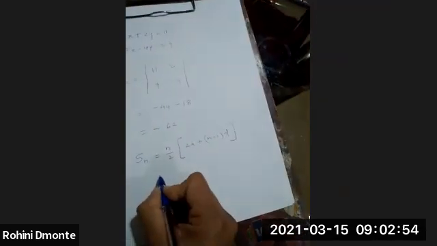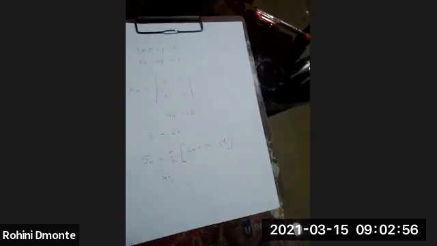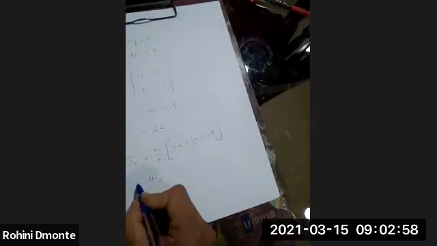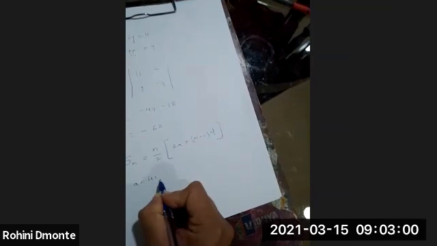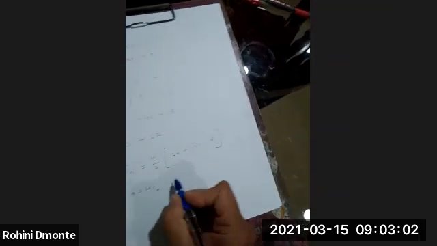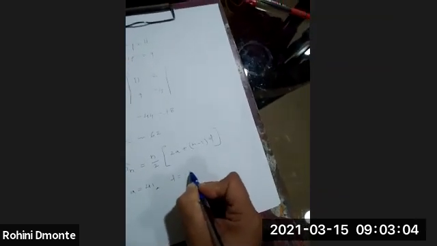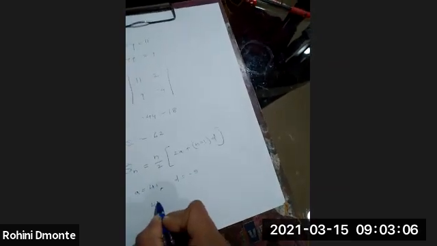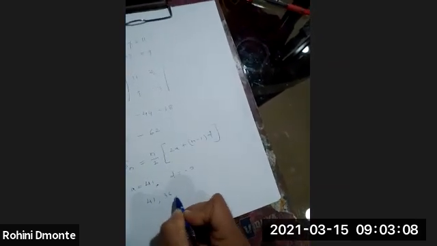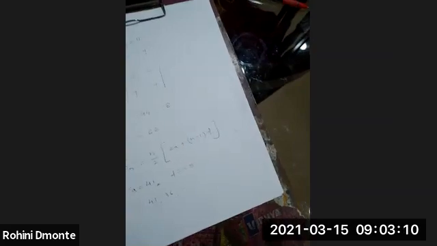Okay, now which is this series? 41. Here a is given as 41, right? What is d? d is minus 5. Why? Because the series is given as 41, 36, and so on. So 36 minus 41, that is nothing but minus 5.